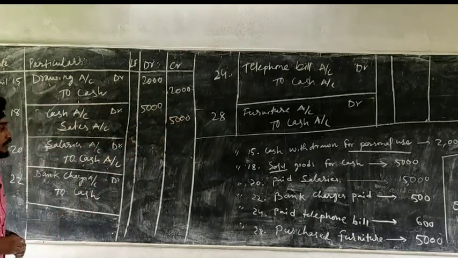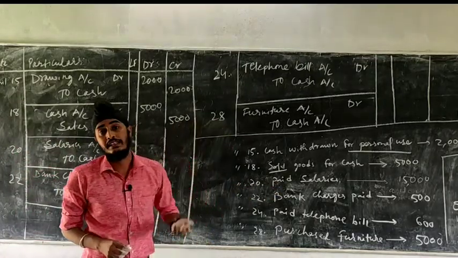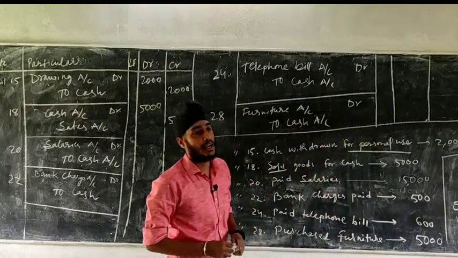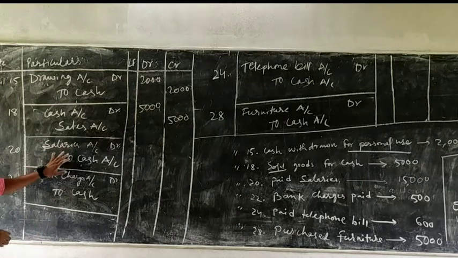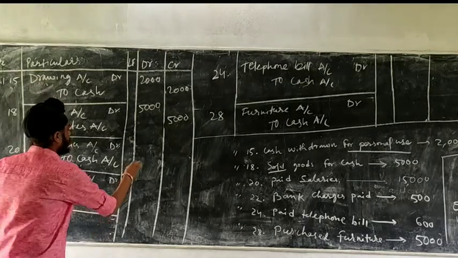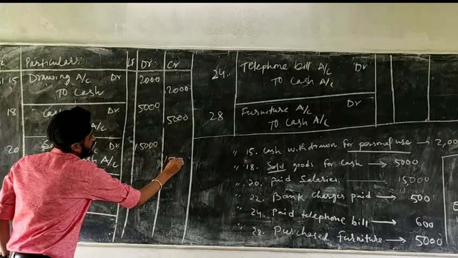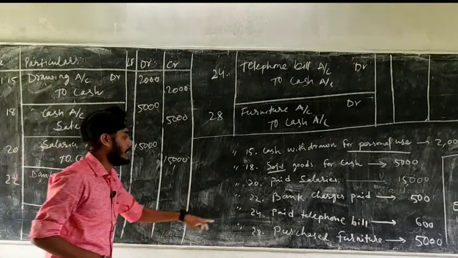So 20th April, what is the transaction? Paid salaries. Now paid salaries is expense. So expenses are always debit. So salary account debit to cash. What is the amount? 15,000. So April 22, what is the transaction?